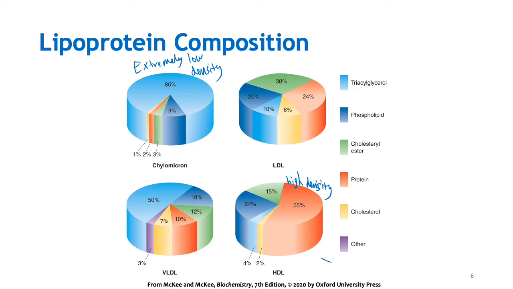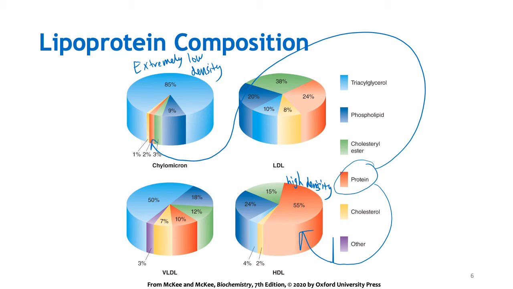Notice this has 55% protein component, and this one, chylomicron, only has about 2% protein component. So remember, this one is from your diet. And then the other three take the already existing cholesterol and fats and transport them where they need to go. Keep in mind chylomicrons are 85% triacylglycerols, which are fatty acids and whatnot.